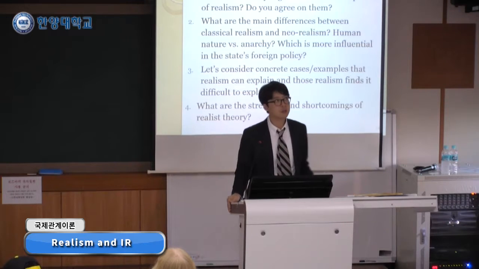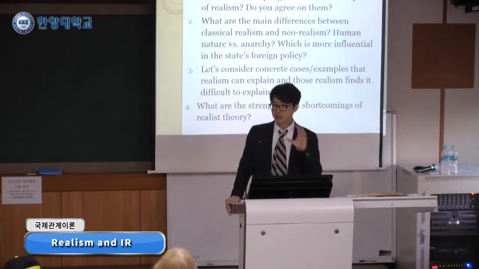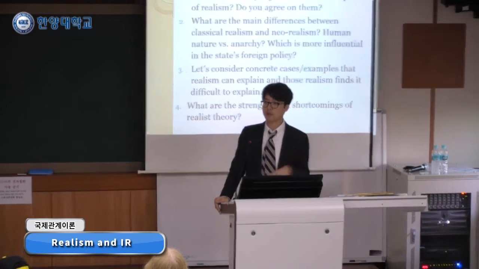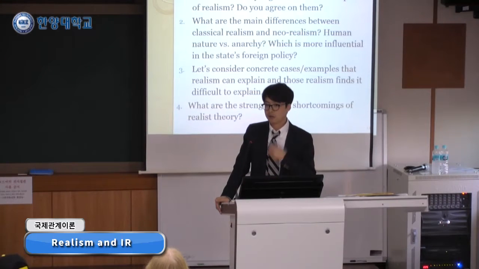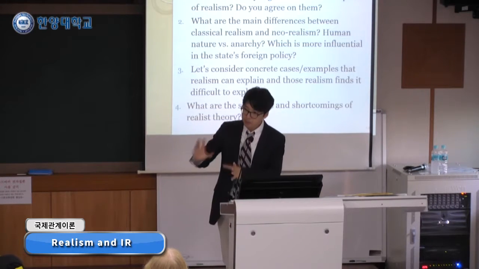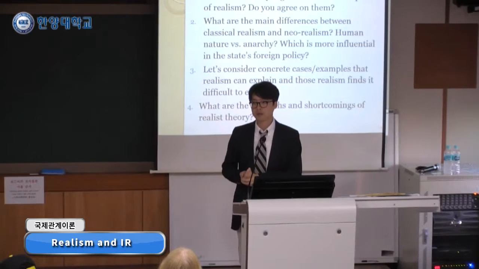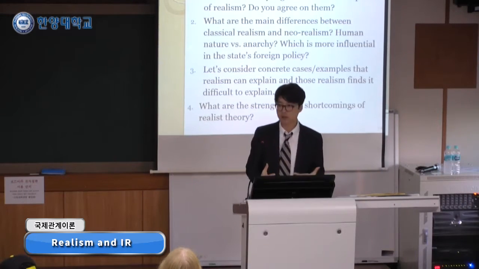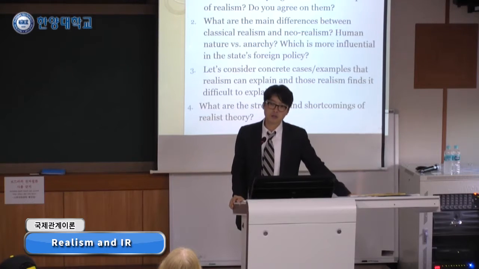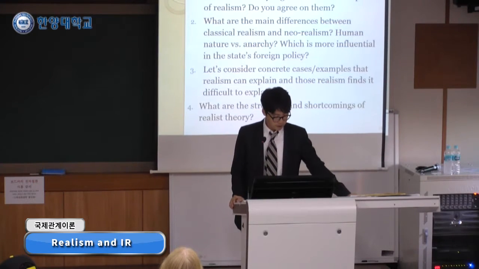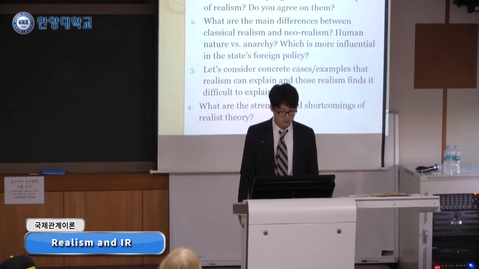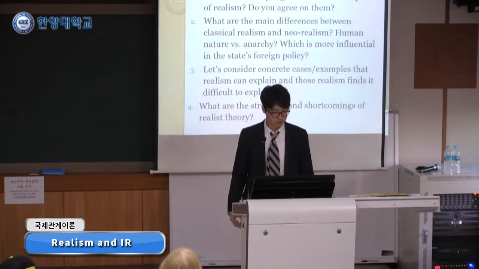In his mind, theory is understood solely in terms of explanatory type. So in that perspective, you could think about more shortcomings, or probably strengths as well, about realism in the context of different types of theory we are talking about in the field of international relations.